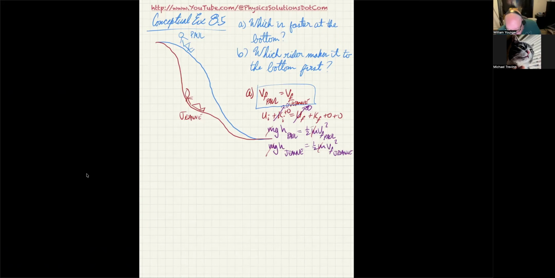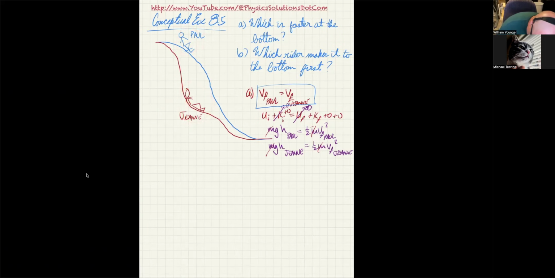Now, part B is a little different. When they take off, Paul is barely speeding up at the point we show right here. At this point, Jeannie has already fallen all the way down here because her speed is so much larger, since her height changed by so much. Her potential energy got really small here.